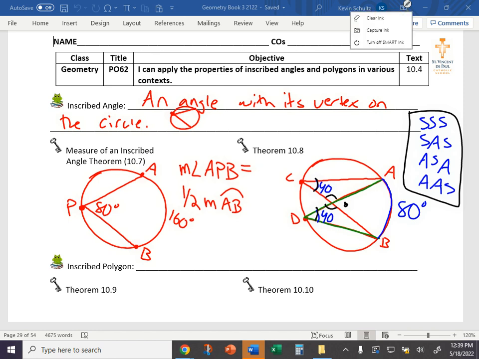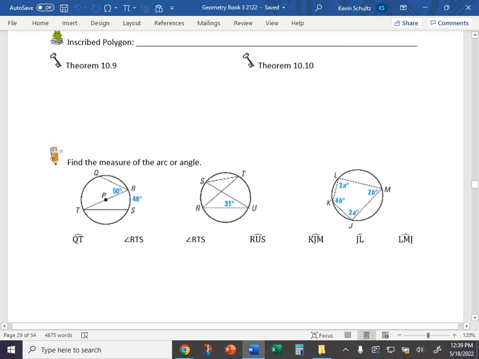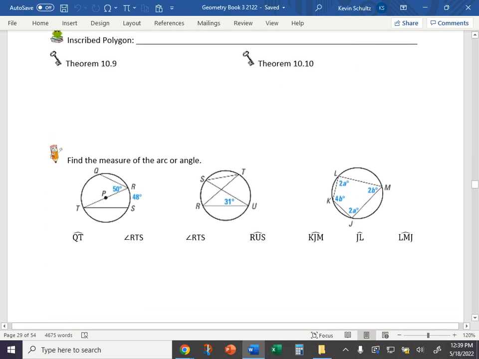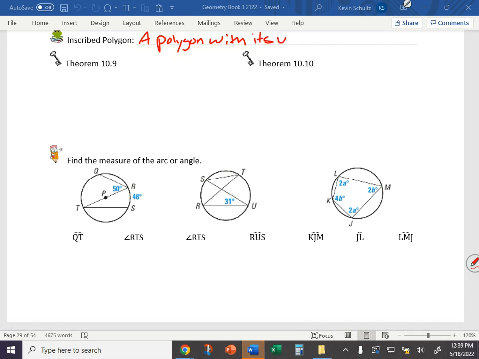Oh, I forgot we were on the math. I gotta hurry up. Moving on to inscribed polygons. An inscribed polygon is a polygon with its vertices on the circle.